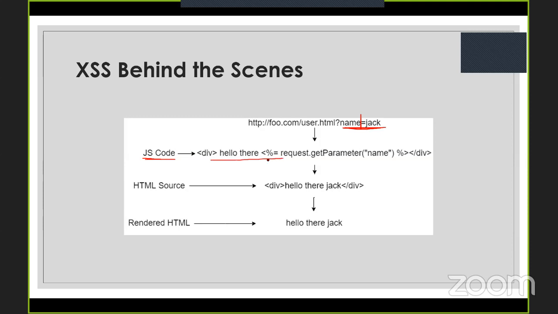So the JavaScript code takes the name parameter and then puts it here. So inside the HTML, it will be like this. It has a div tag, and then on your browser, it renders the HTML code, then becomes like this. There's no div tag again.